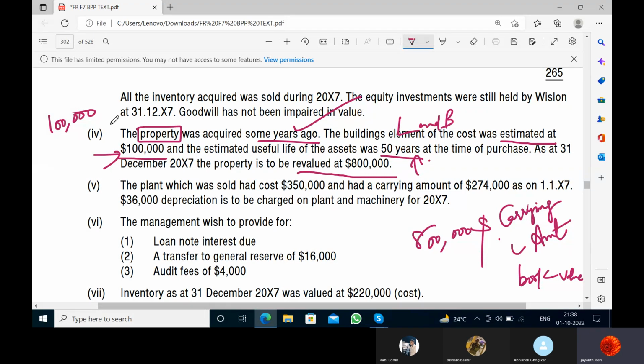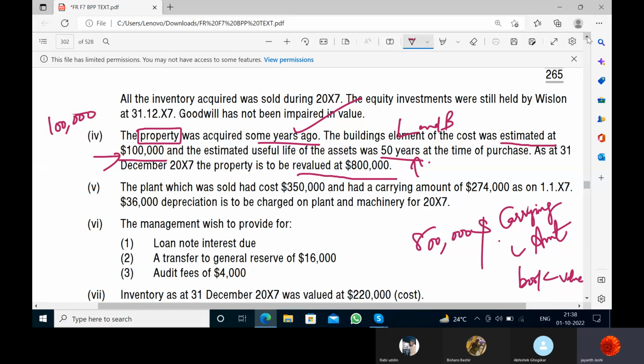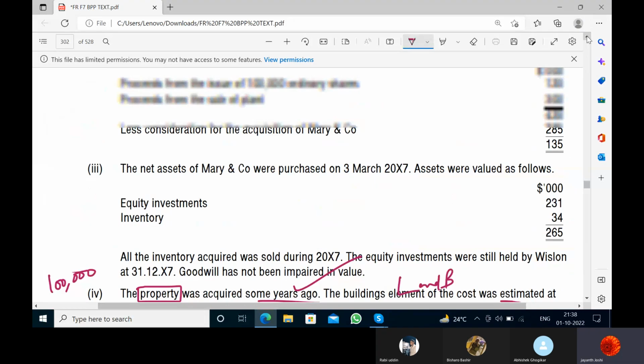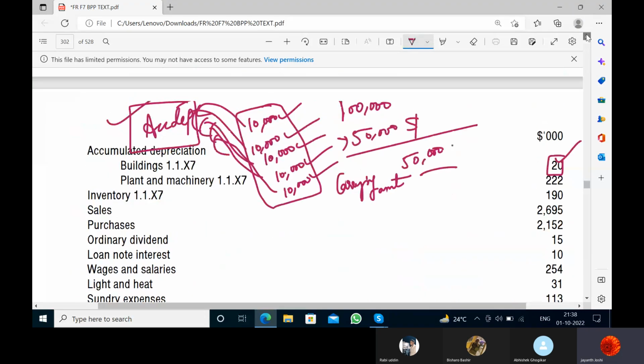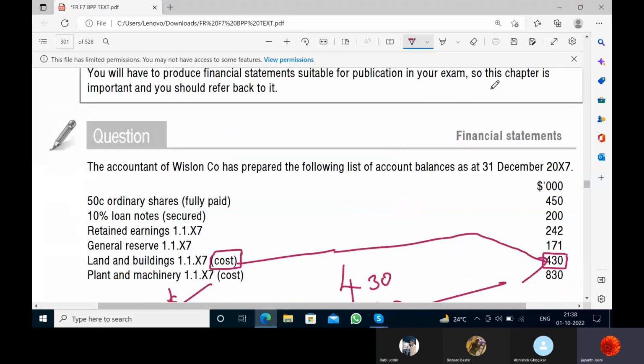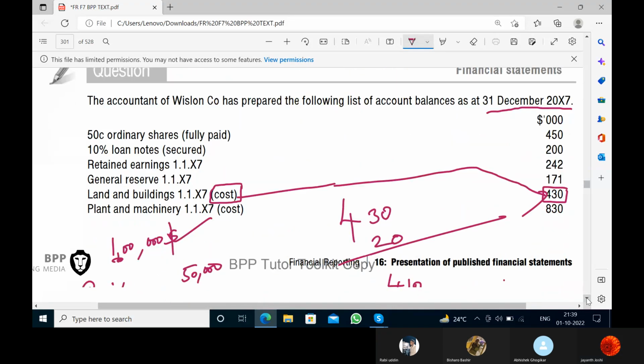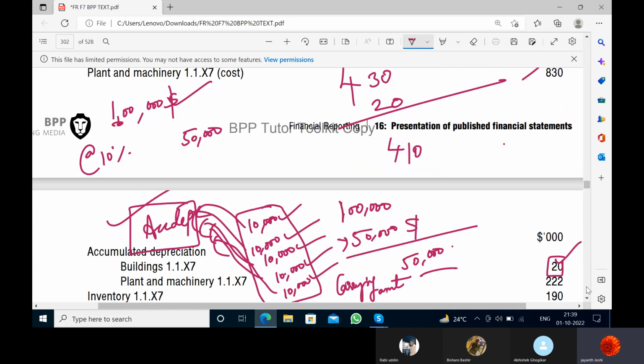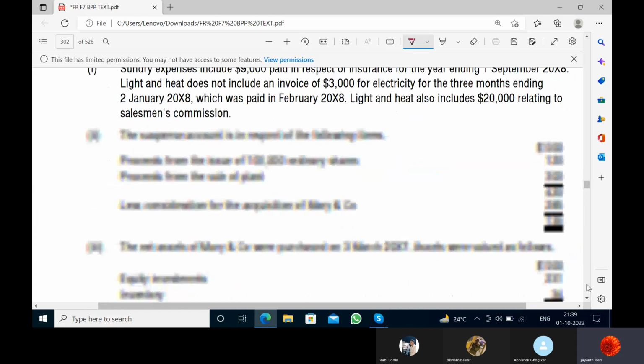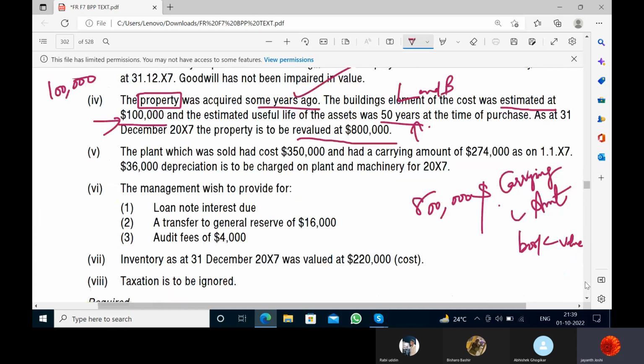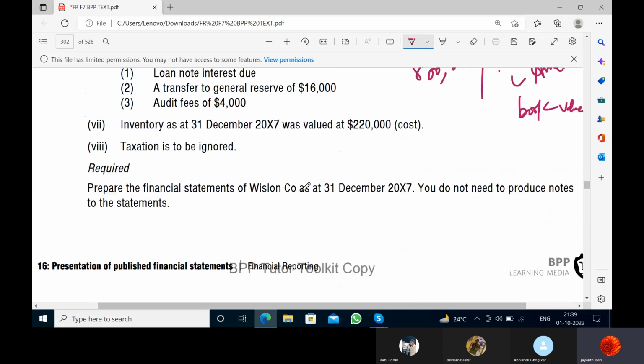See, accumulated depreciation, that too you can see the date. Here it's very important, just understand what I'm saying. The accountant of Wilson Company has prepared the following list of account balances as at 31st December 2007. That means this is 2007's data, and they are asking you to prepare the financial statements of Wilson Company as on 31st December 2007.